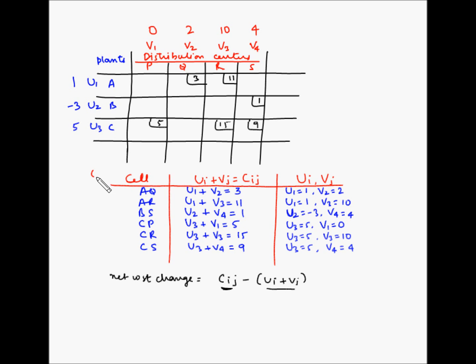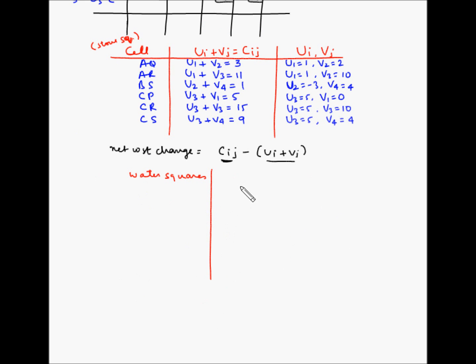So these were the stone squares, that is AQ, AR and so on. Now let's do the net cost change for the water squares. And then we have to find the value of net cost change, which is Cij minus Ui plus Vj.